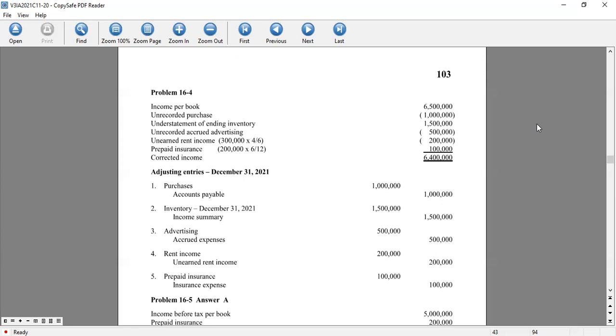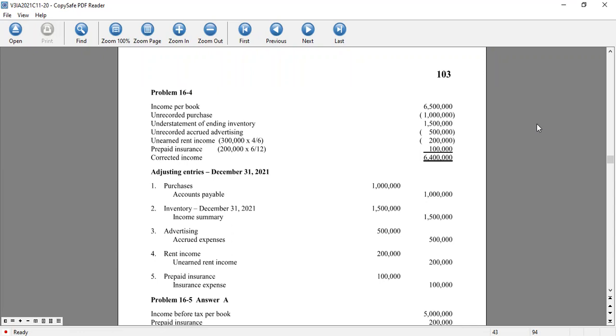Then in the case of number 3, we now debit to advertising, credit accrued expenses, the amount of the unrecorded accrued advertising. Then followed by rent income, the amount of rent income and earned portion is 200,000.